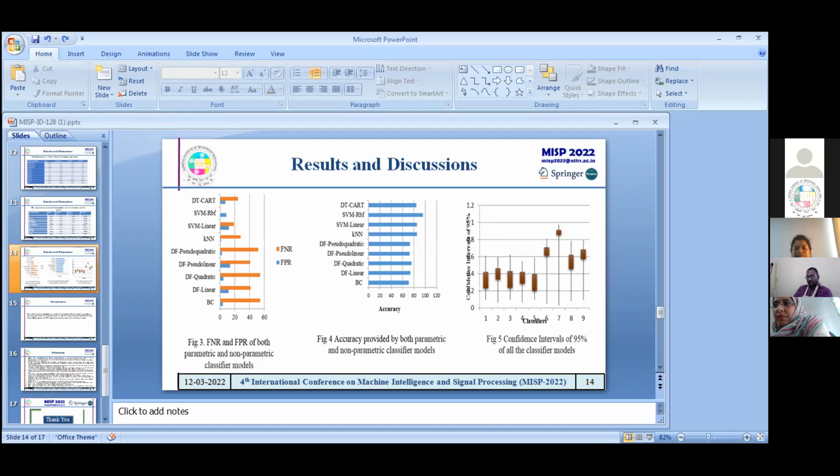Why? Any reason? Sir, though non-parametric classifiers take more time for training, they don't make any assumptions about the data beforehand. They take the data and train on it.